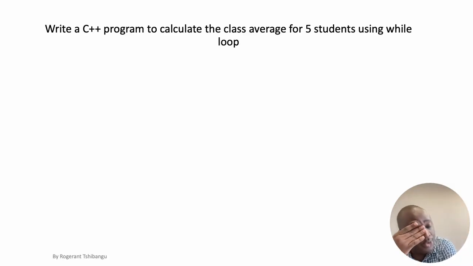Okay, now to put a context to what we are saying, to make it make sense, let's assume this is the question that you are trying to solve. You're asking people to write a C++ code that calculates the class average of 5 students. In our case, let's just use 5. You want to take 5 students, they give you their marks, and then you calculate the average.